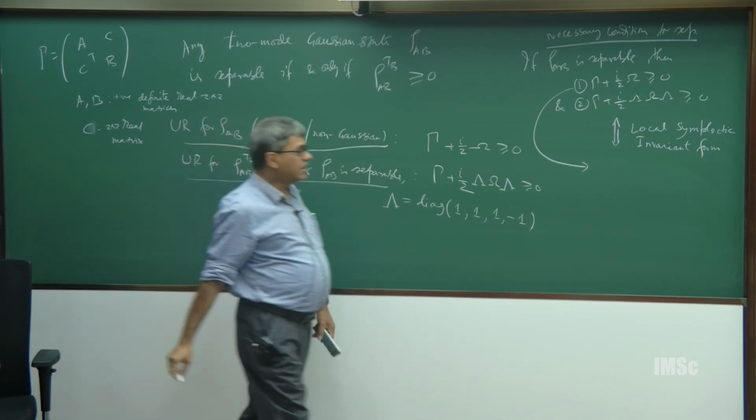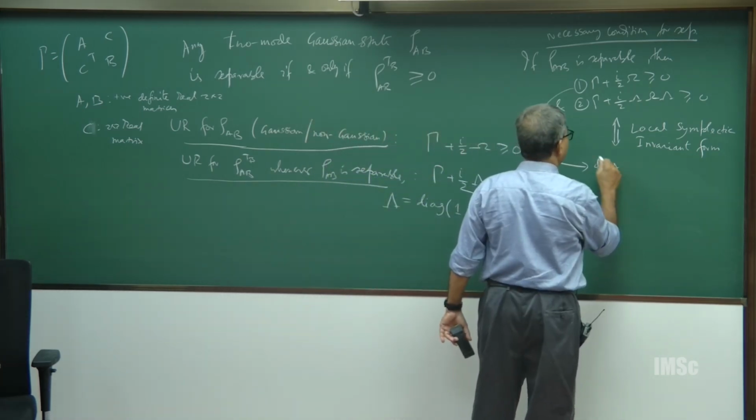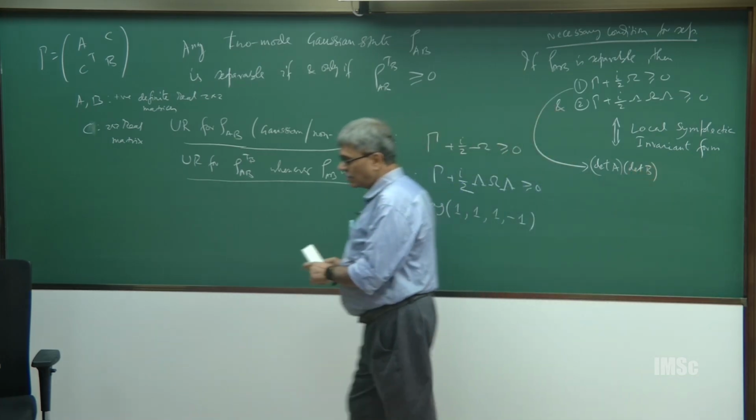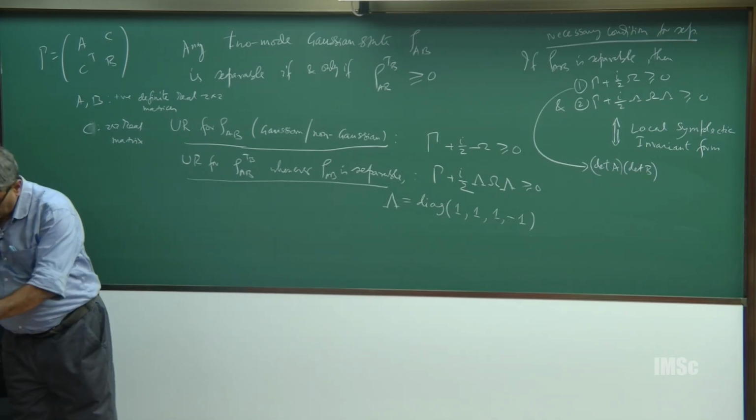Then we said that this can be written in this form, determinant of A, determinant of B, and then there are these other expressions. Let me write them.